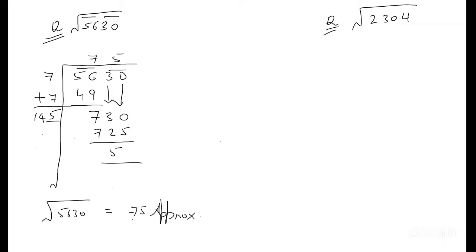Like I checked the exact, it's 75.03 in this question. So even if you write 75 approx, that is also correct. When you are left with a remainder, just write the above quotient and write approx with it.